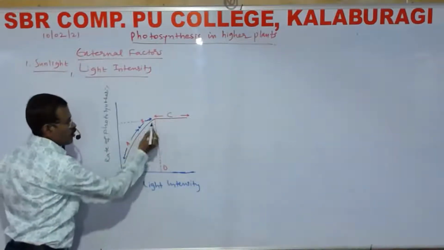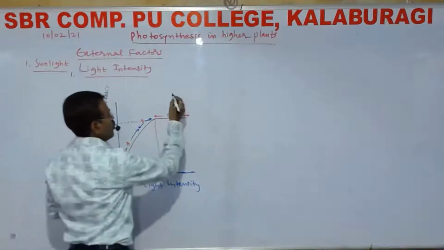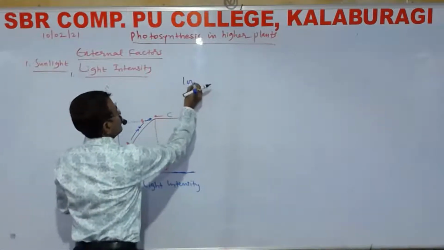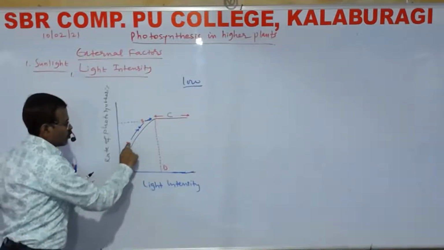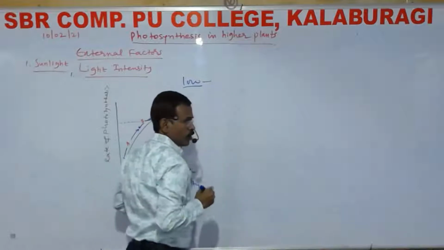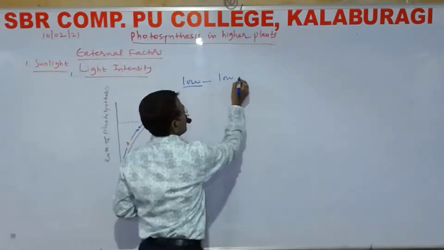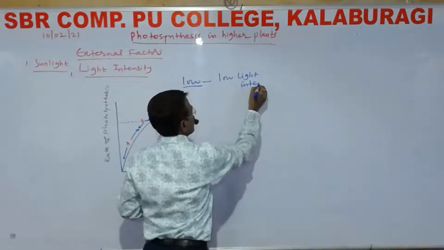When you see this graph, initially the rate of photosynthesis is low because of low light intensity.